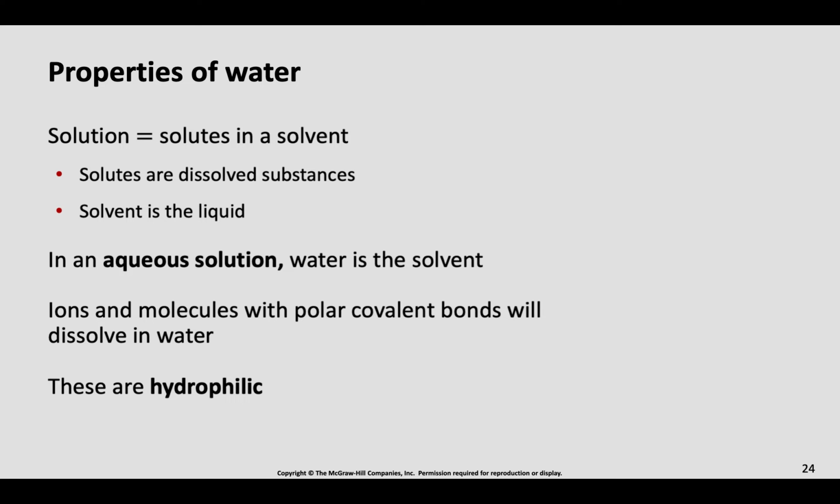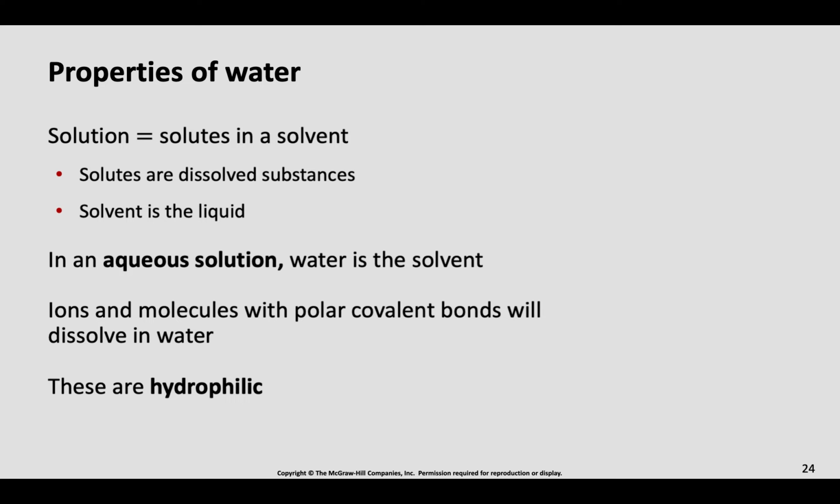Now, ions and molecules with a polar covalent bond will dissolve in water. Our water molecule, we've been talking about this the last few slides, is polar. It has an end that's partially negative, and it has two other ends that are partially positively charged. It is a polar molecule. And because it is polar, this allows other molecules that also have some sort of polarity associated with them to dissolve in water.